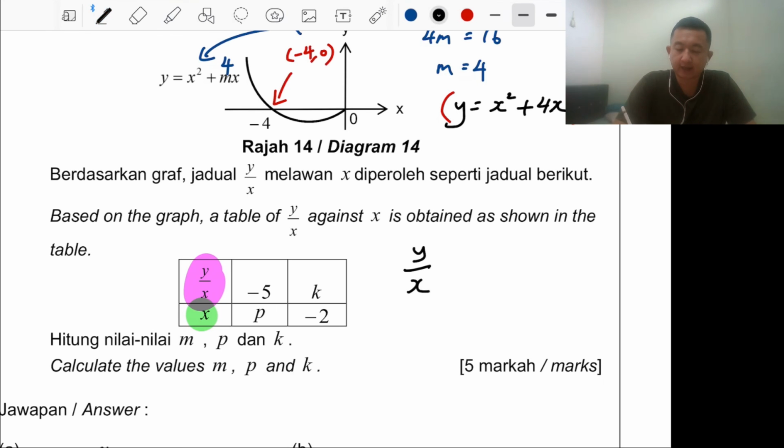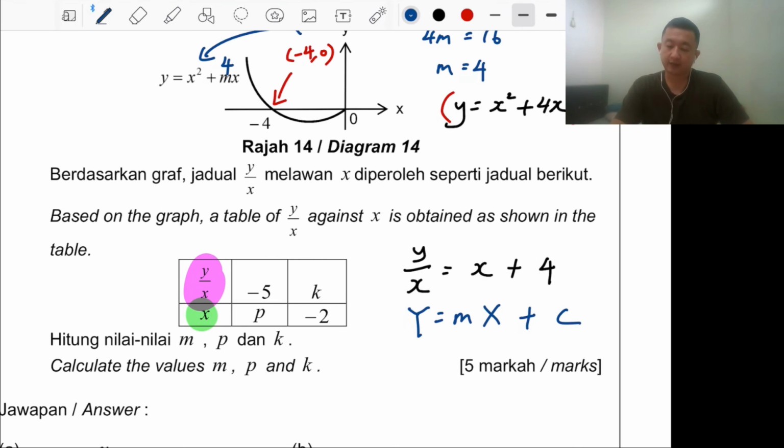Y over x equals x plus 4. And then you know that this is your capital Y, and x plus c. From here, you can tell the y-intercept is 4, the gradient is 1.